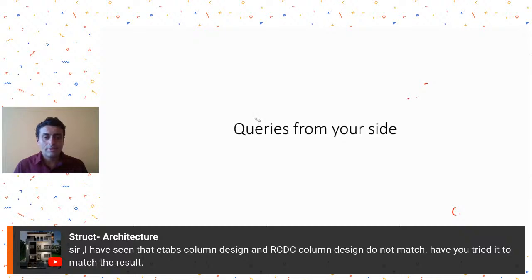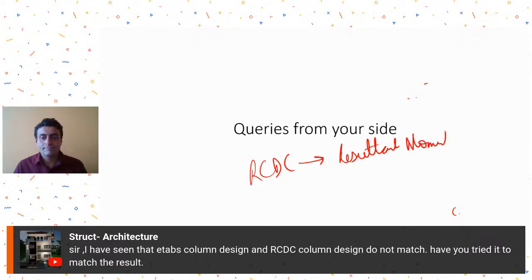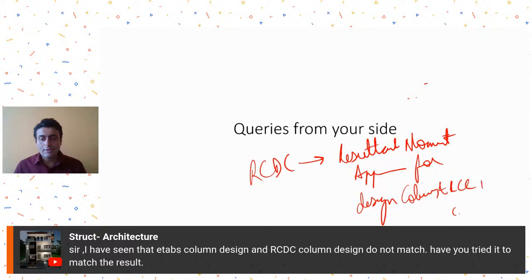Let me just take a minute to explain that. RCDC uses a resultant moment approach. That is the default setting. The default setting is that it will use a resultant moment approach for designing columns and RCC walls subjected to biaxial moments.